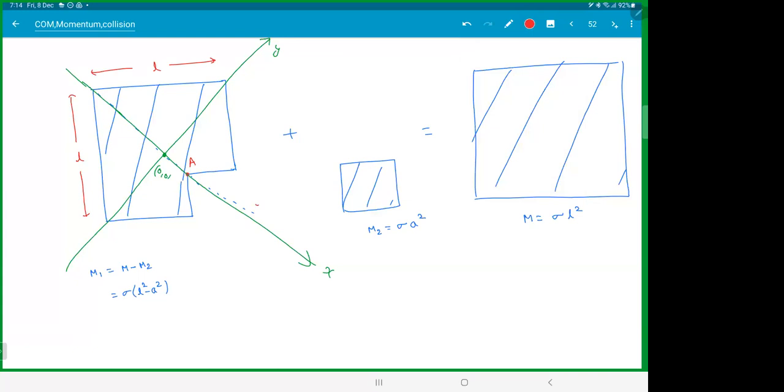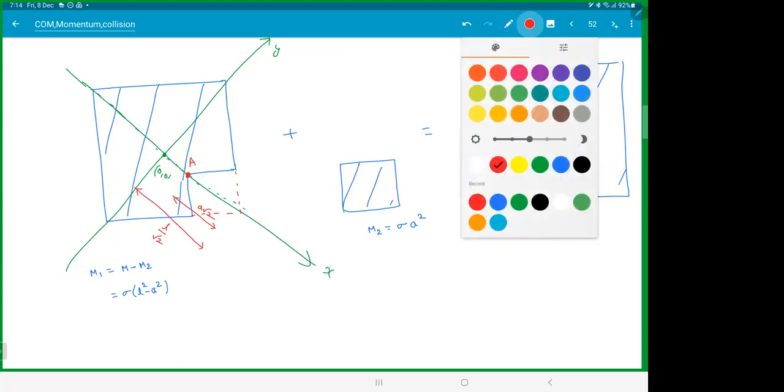And you're telling me for this plate which you have cut, the center of mass is A only. So what will be this distance here? This full distance is L by root 2, and this distance is A root 2.